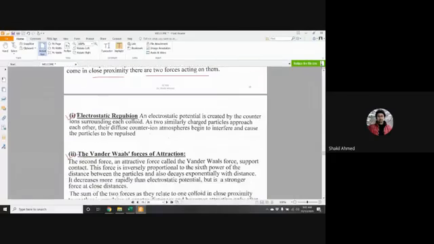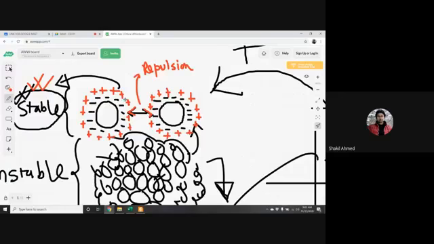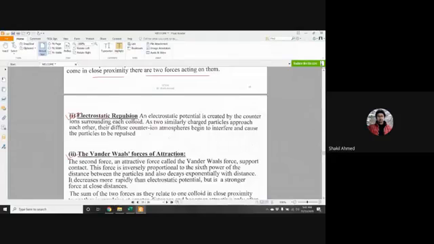What is electrostatic repulsion? This is electrostatic repulsion. This is electricity, right? And these are positive charges. So same charge, repulsion.